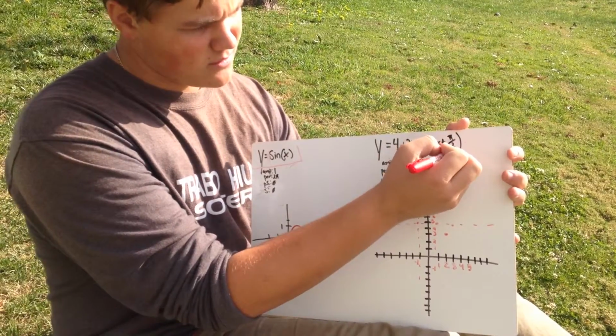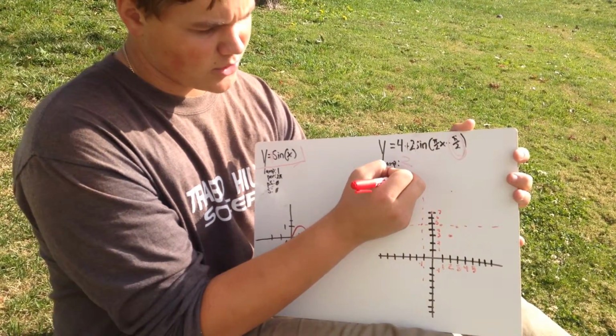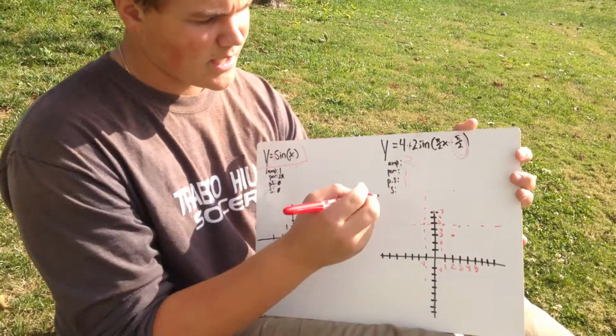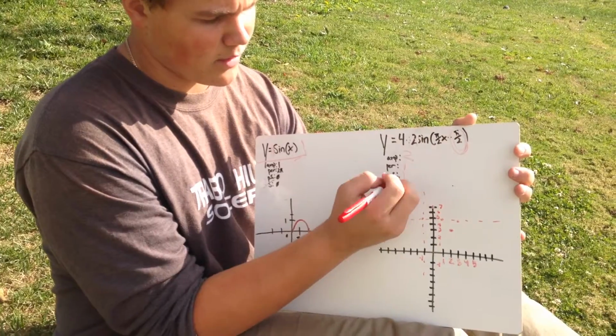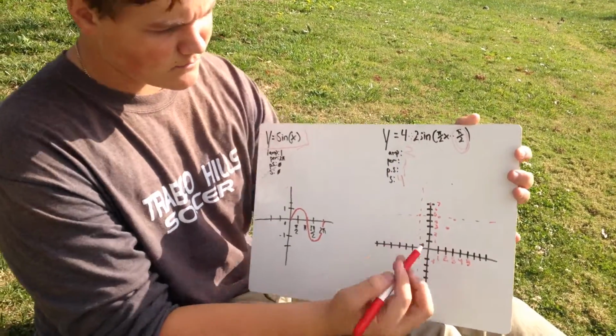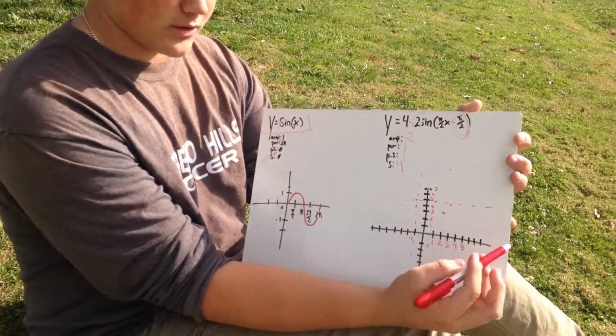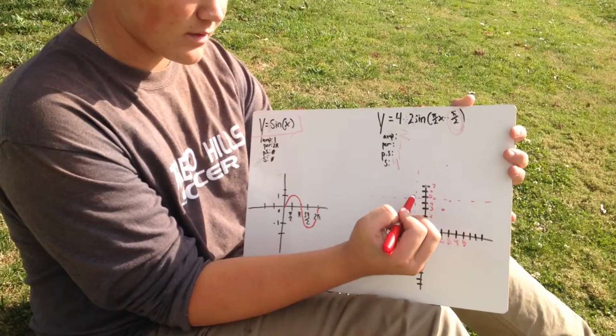Our phase shift is going to be the number right there divided by 2 pi, which is going to make it 1 again. And our shift is in front of our function, being 4. And now you graph accordingly. So we come over -1 for our phase shift and up 4 for our shift.